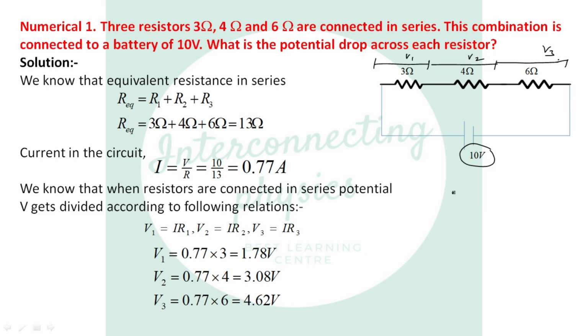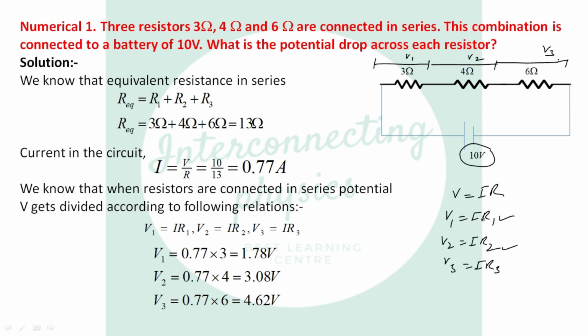According to the relation V equal to IR, V1 equals IR1, V2 equals IR2, and V3 equals IR3, because current will be the same across each resistor in series combination. So voltage gets divided across each resistor according to this relation, meaning the value depends upon the value of resistance.